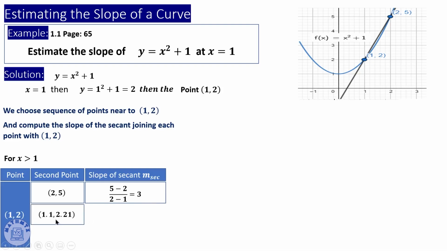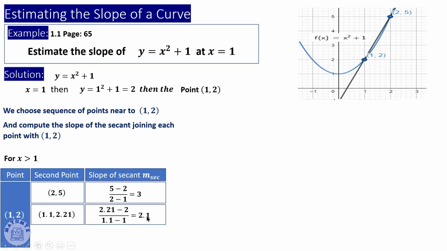And then we'll get closer to the point. We'll pick 1.1, substitute in the formula using your calculator, and you'll get 2.21. Now, between (1, 2) and this point, I can again find the slope of the secant line.